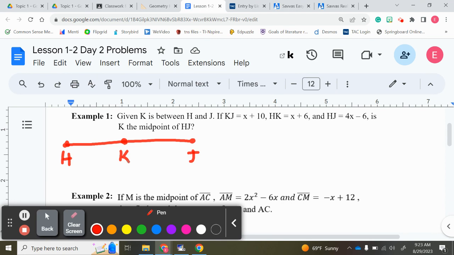Now for the next part, it says if KJ is x plus 10, that means JK right here, I'm just going to put that in, is x plus 10. So we know that length, or at least whatever that length is supposed to be. They're also telling us that HK is x plus 6, so that's going right here.